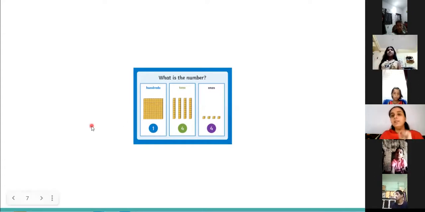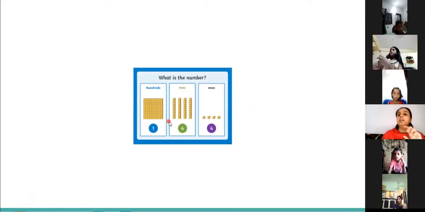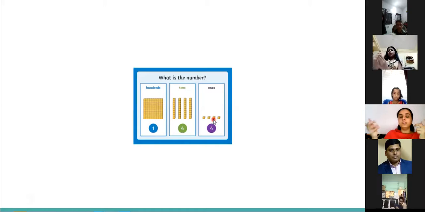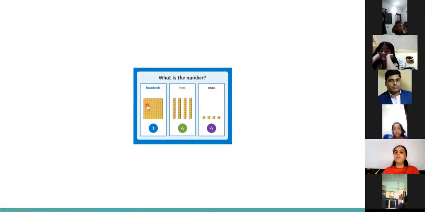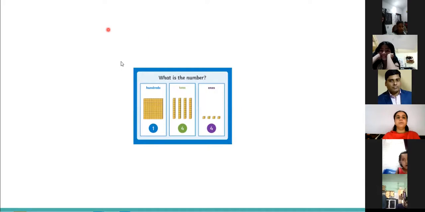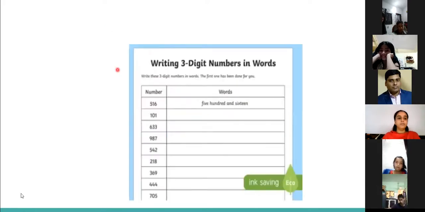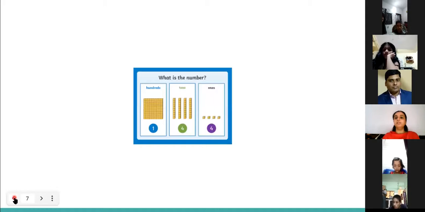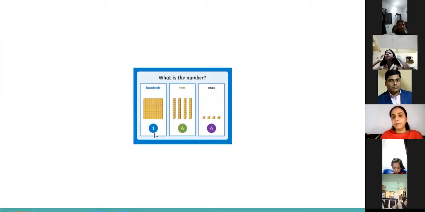So in the same way, whenever you are representing any number, you have to keep in mind that in the units place it will be loose blocks. In the tens place it will be a group of 10 blocks together. And in the hundreds place it will be like this. So if you have 100 like this, you will have only one block like this. If my number is different, if I have 200, then what will happen?